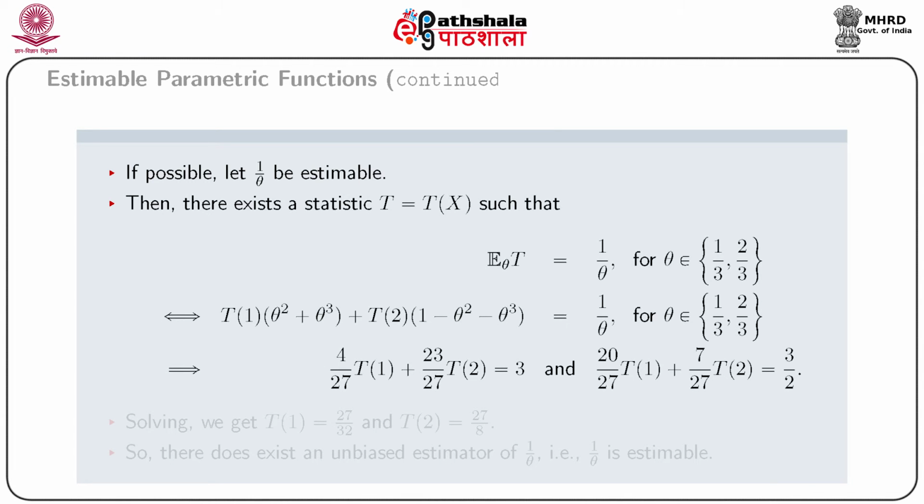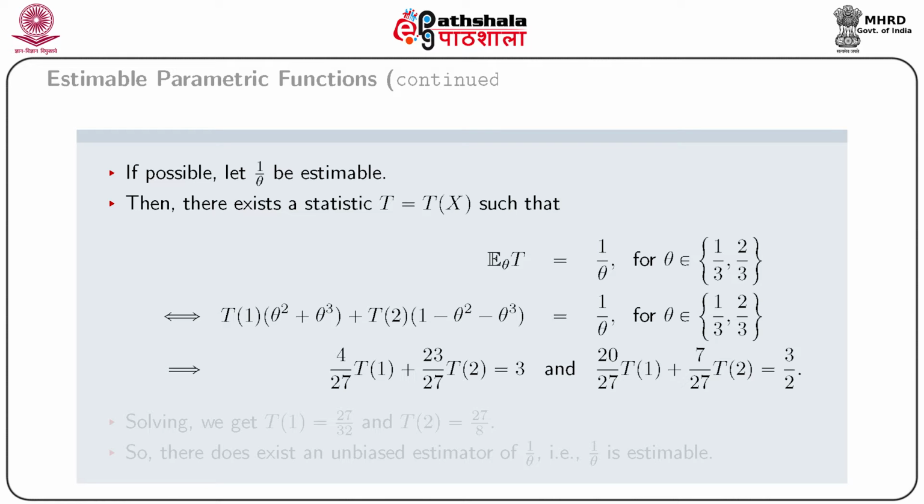Then there exists a statistic capital T which is an unbiased estimator of 1 by theta. Hence, expectation of T under theta is equal to 1 by theta for theta equals 1/3, 2/3, which implies T1 into theta square plus theta cube plus T2 into 1 minus theta square minus theta cube is equal to 1 by theta for theta equals 1/3, 2/3.